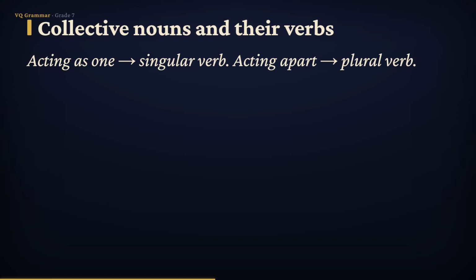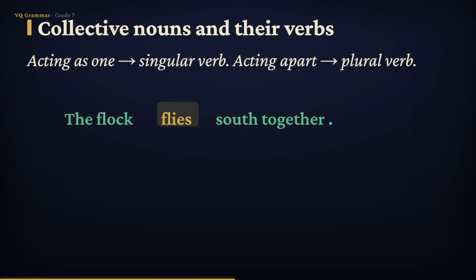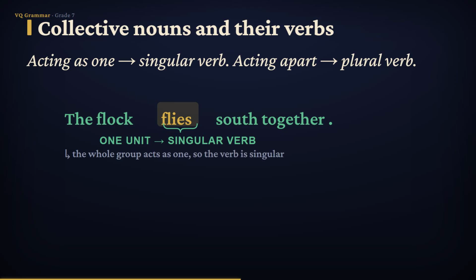Now here is the trickiest and most useful thing about collective nouns. Because a collective noun can feel singular or plural, the verb has to match what the group is doing. When the whole group acts together as a single unit, treat the noun as singular and use a singular verb. The flock flies south together. The birds move as one, so the verb is flies.